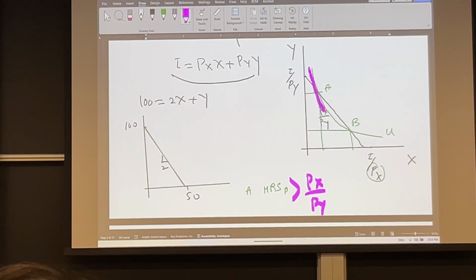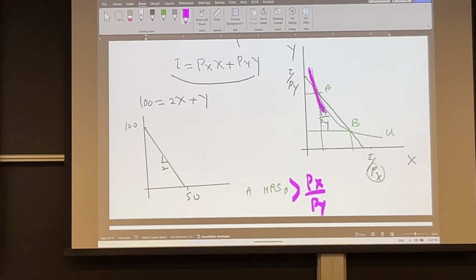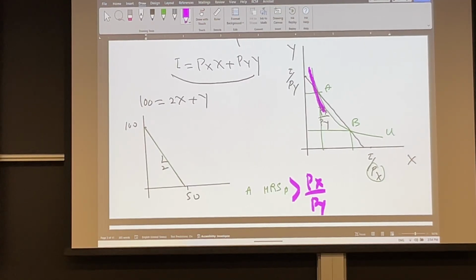What should you do? You're happier to buy more. So that's not an equilibrium, because you'll be happier buying more X. At point A, the signal you're getting is buy more X, because the benefit you get from it is more than the cost.